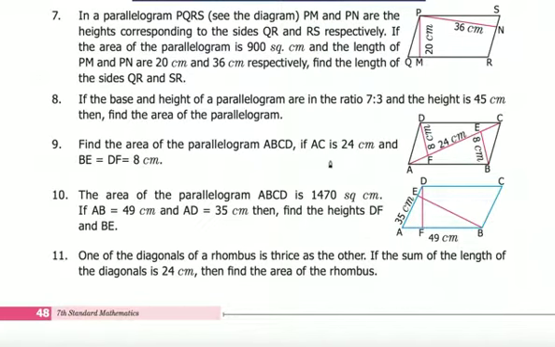One triangle is ABC, another is ADC. Base is AC, height is this. Here also the base is AC, height is this. So this triangle's area is base into this height, and this triangle's area is base into this height. So what about the total area? 24 into 8. That is the answer.